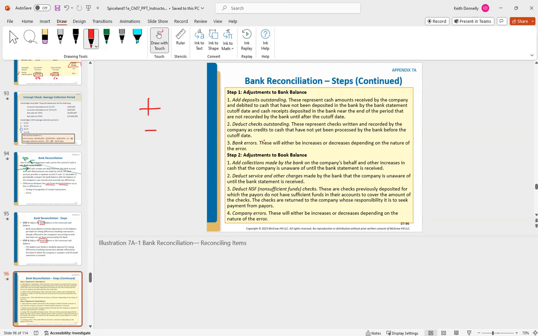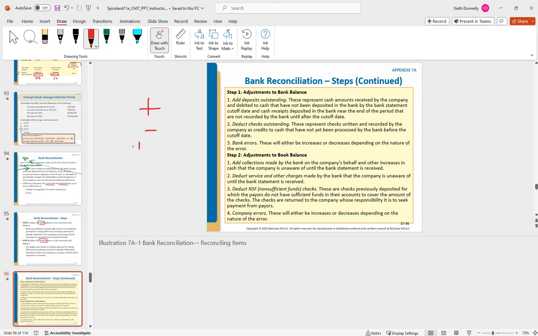Or alternatively, the people we gave it to haven't cashed the check yet. So what's going on here? On the books, we wrote a check, we subtracted the cash. On the bank statement, they don't know anything about this yet because the person hasn't cashed the check yet. So we need to equally subtract it from their point of view.